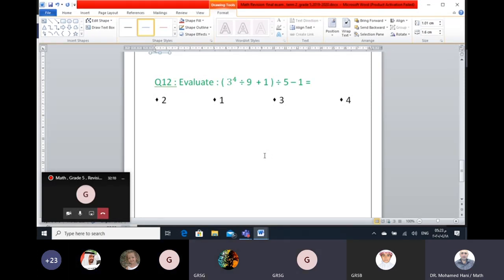Alia: the answer is 4. Okay. Mahra: 4. Yes, Mahra.